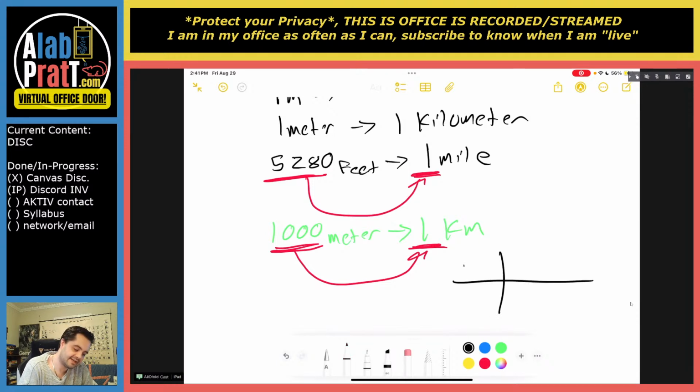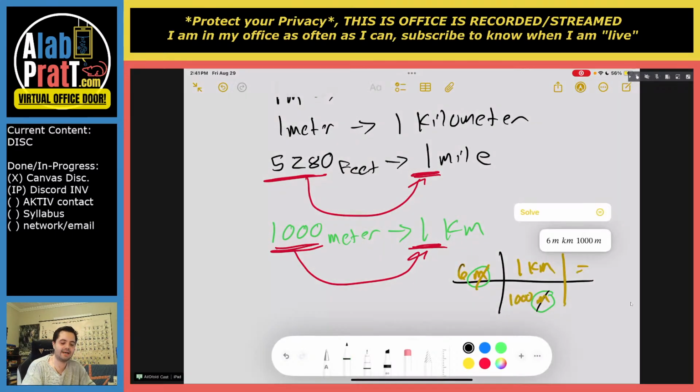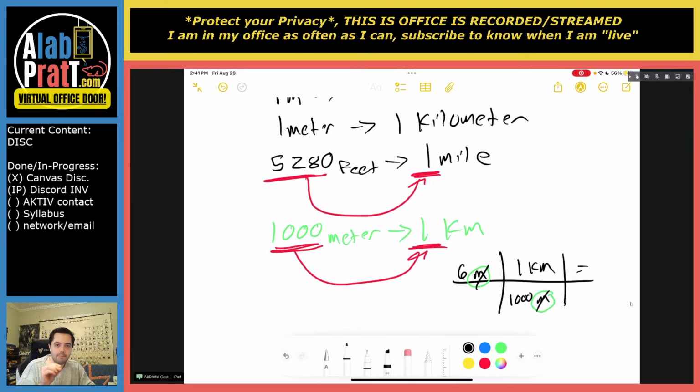If I have 6 meters, and I know it's 1,000 meters in 1 kilometer, you can see the units are going to cancel out, and I can move a number so it has the same unit of description. Its prefix, the thing before it, kilo, means 1,000 times the base unit. Pico is much smaller, but always a base 10. So I'm going to leave that there for now.